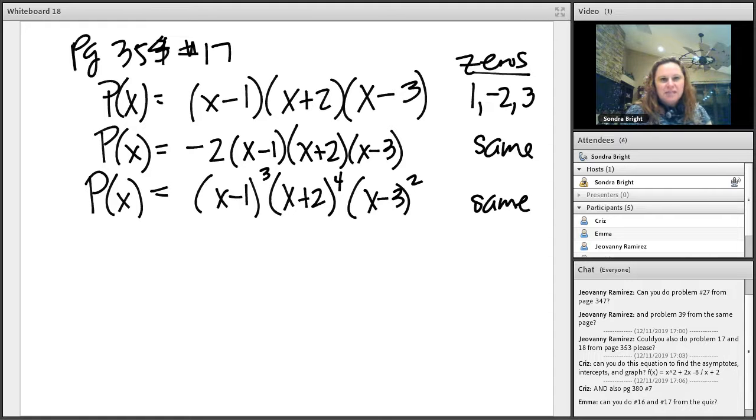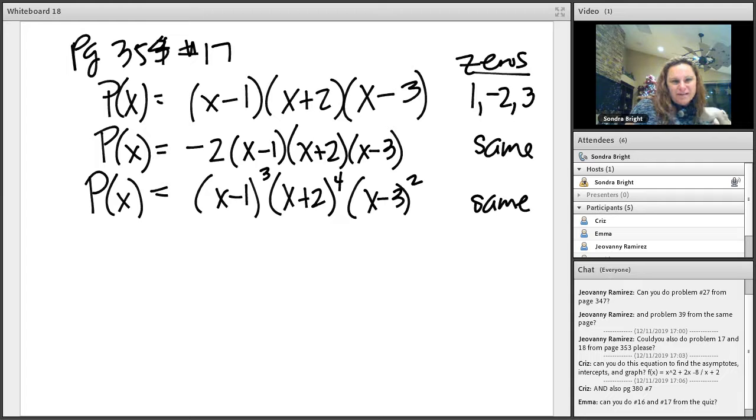How are these graphs alike and how are they different? Well, the only thing that they're alike is that they have the same zeros.